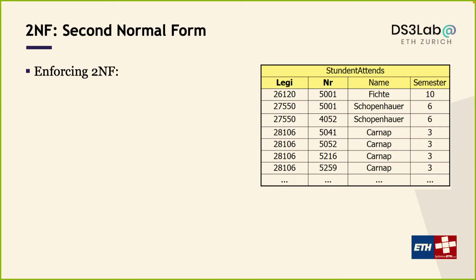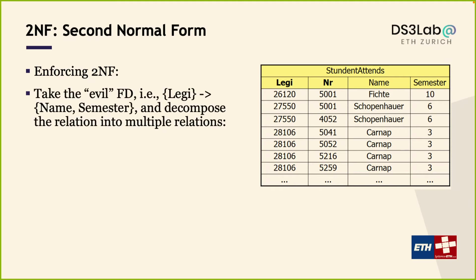One way to enforce second normal form is as follows. You take the evil functional dependency, a functional dependency that makes the design not in second normal form. In this example, it's a functional dependency from student ID to student name and semester. You can decompose this big relation into multiple smaller ones.